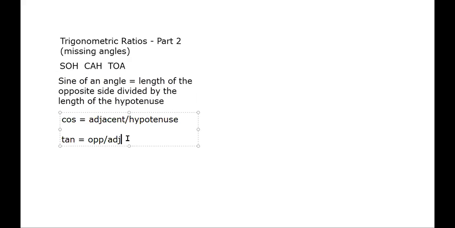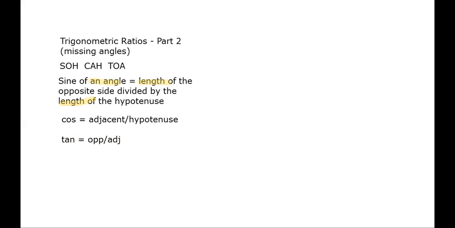So we'll do a lot of abbreviations with those. It's up to you to fill in the "of an angle" and the "length of." Always make sure you understand that we're talking about the length of the opposite, adjacent and hypotenuse, and the tangent of the angle. Okay?